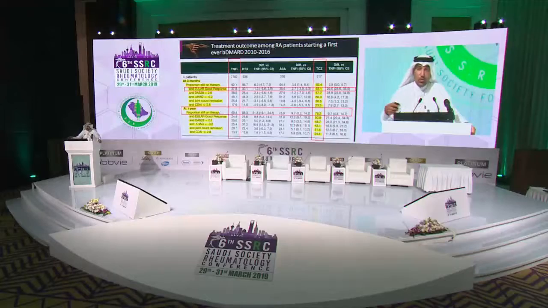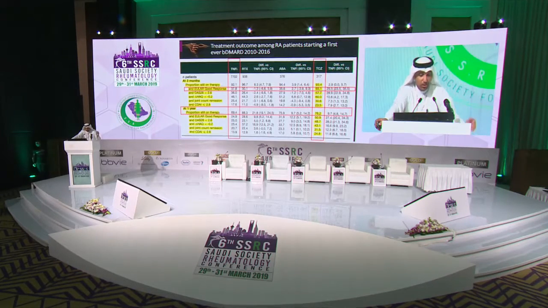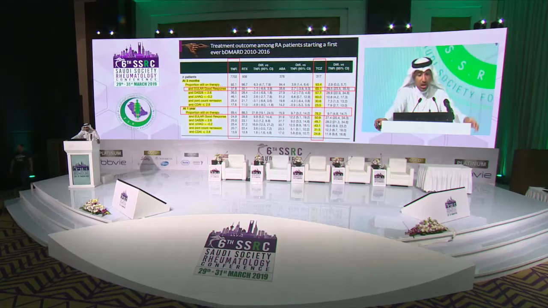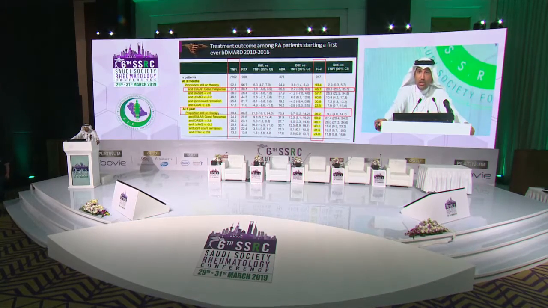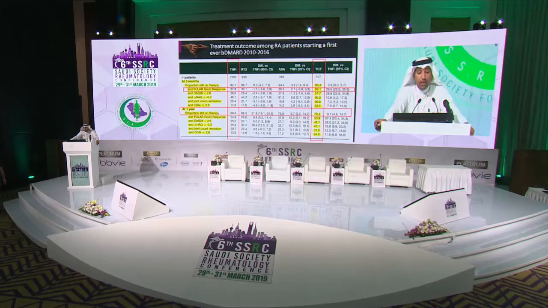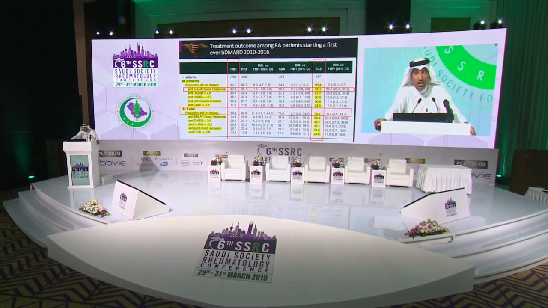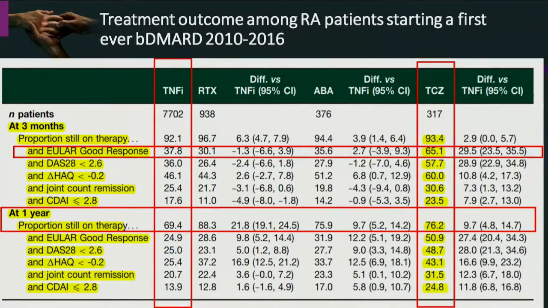Now, if you look at the endpoints, all the clinical endpoints were higher in patients who received tocilizumab as compared to anti-TNF. Look at the EULAR good response. It's achieved in 50% of tocilizumab patients as compared to a quarter, 25%, of anti-TNF.